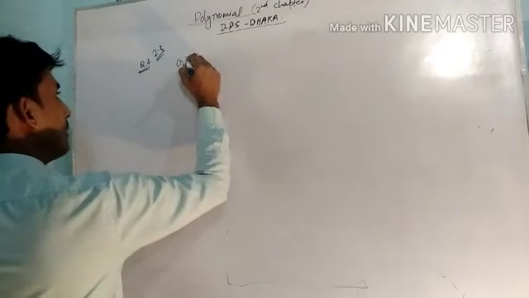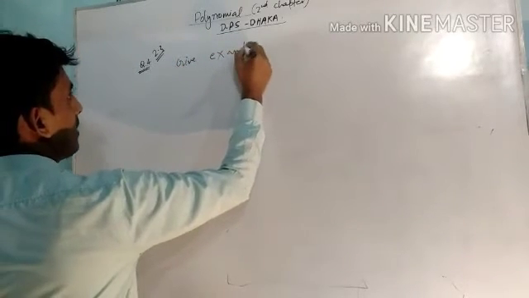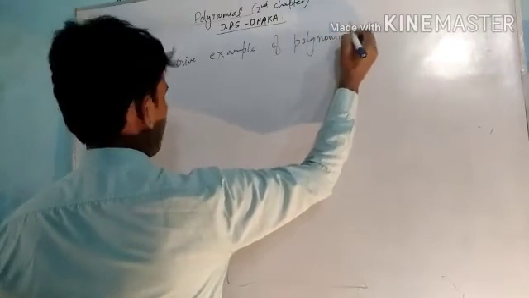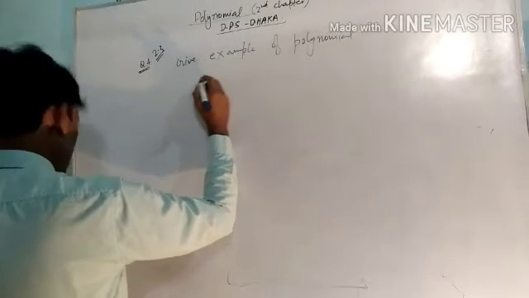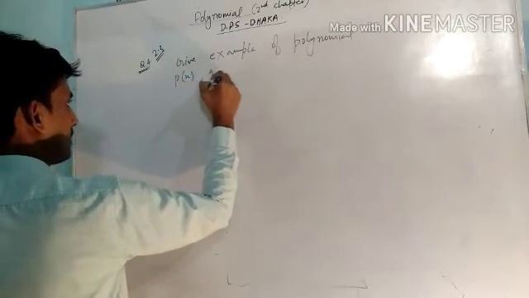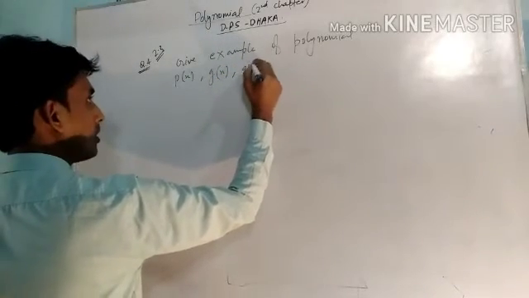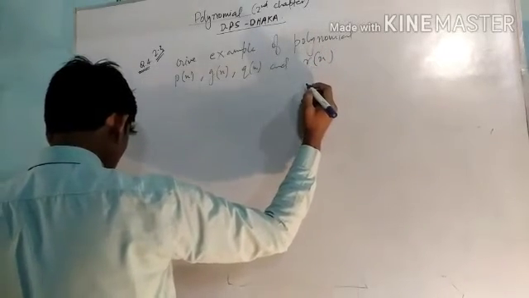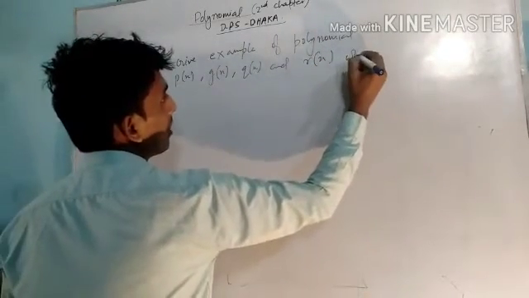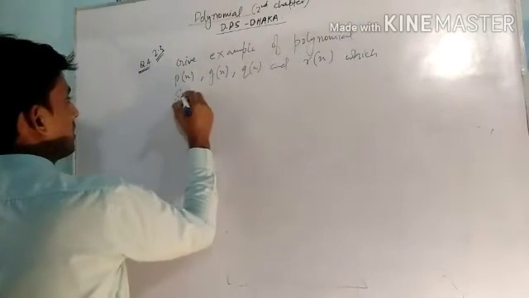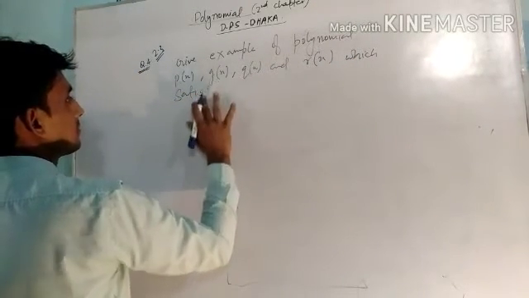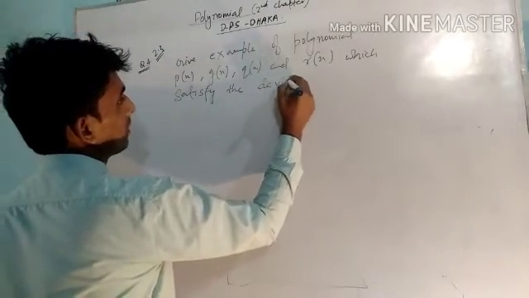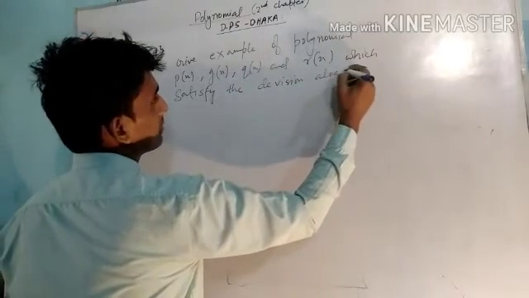Give an example of polynomials px, gx, qx and rx which satisfy the division algorithm.